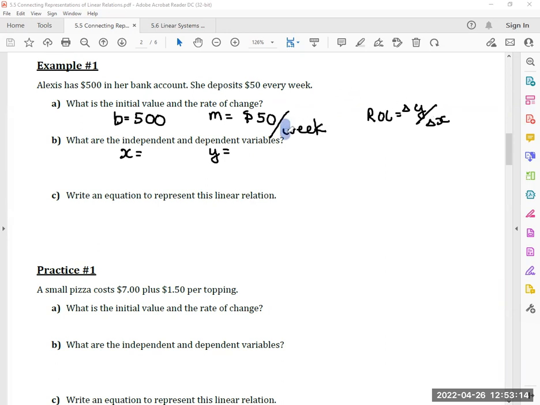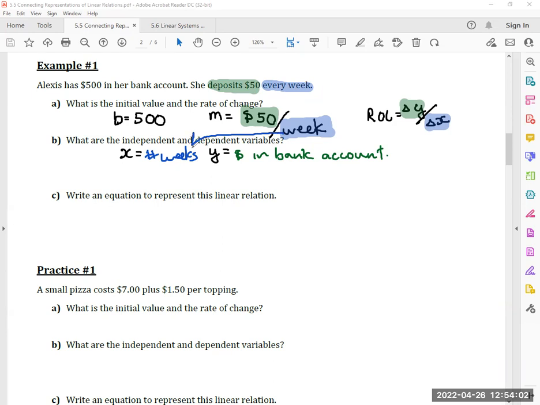That means this unit right here, the per something, that's going to be my X. And this top part right here, the dollars, that's going to be my Y. What I'm trying to say is, if you know what the rate of change is, you already know what the X and Y variables are.